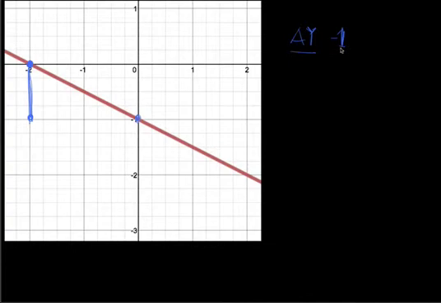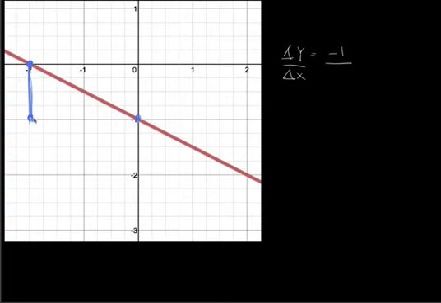This blue doesn't stand out very well, does it? Let me switch to white here. So my change in y went from 0 to -1. That's a change of -1. My change in x, let's find out what that is. The x value here is negative 2.